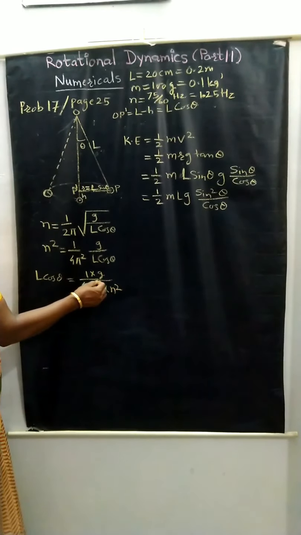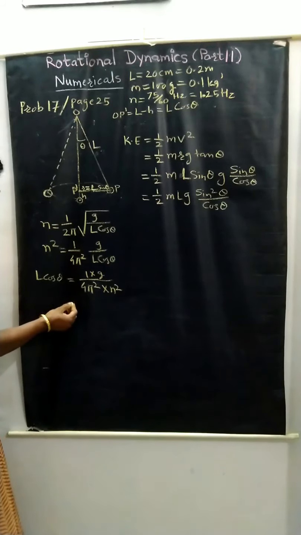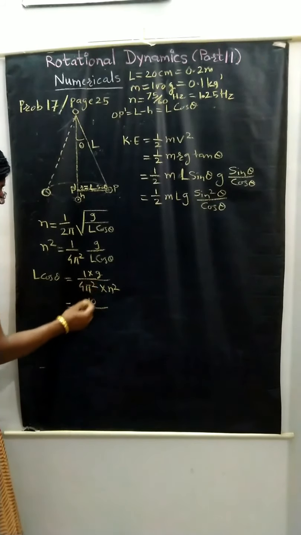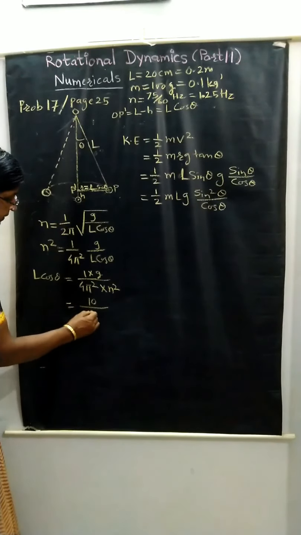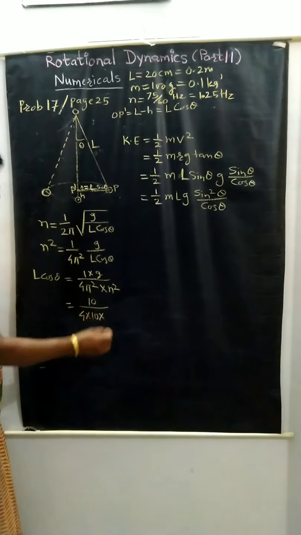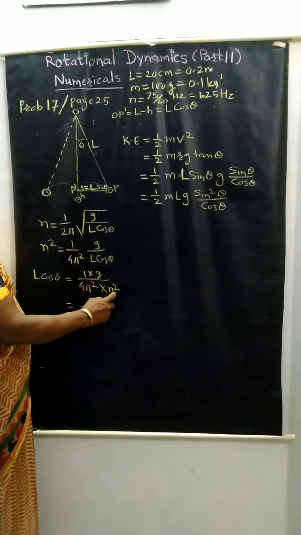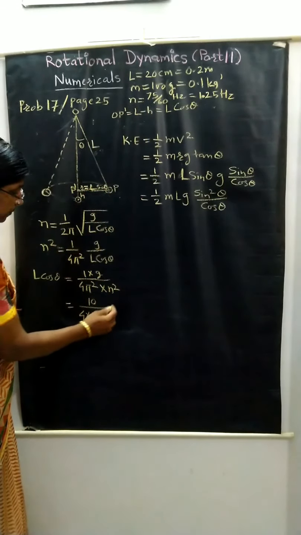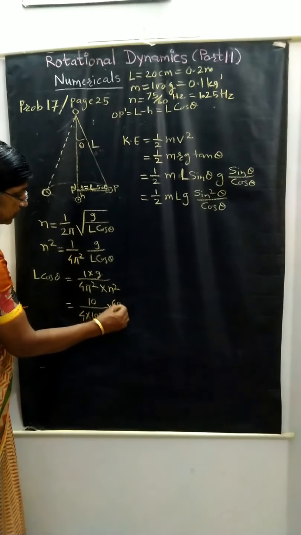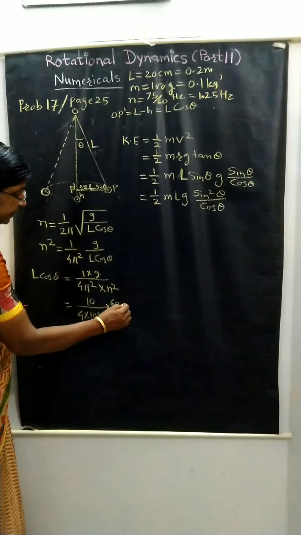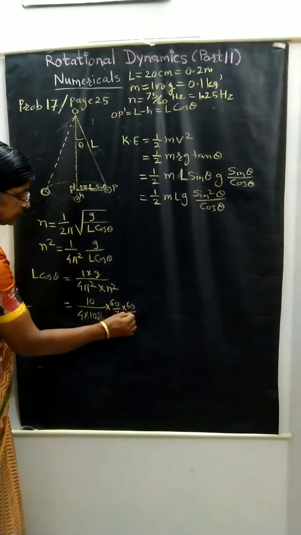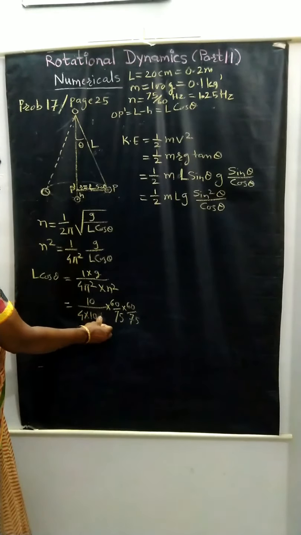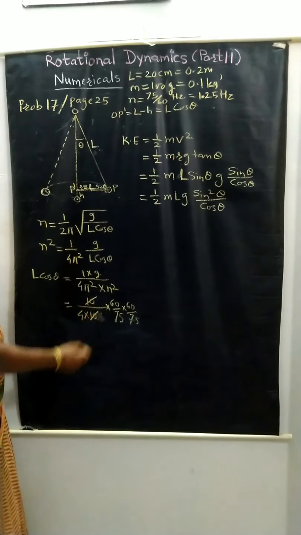Now pi square is equal to 10, g is equal to 10. So here we shall write g is equal to 10 divided by this 4 into pi square, which is again 10, as given in the problem, into 1 upon n square. n is 75 by 60. So 1 upon n becomes 60 upon 75, and square of it means again 60 upon 75. 10 cancels with this 10.